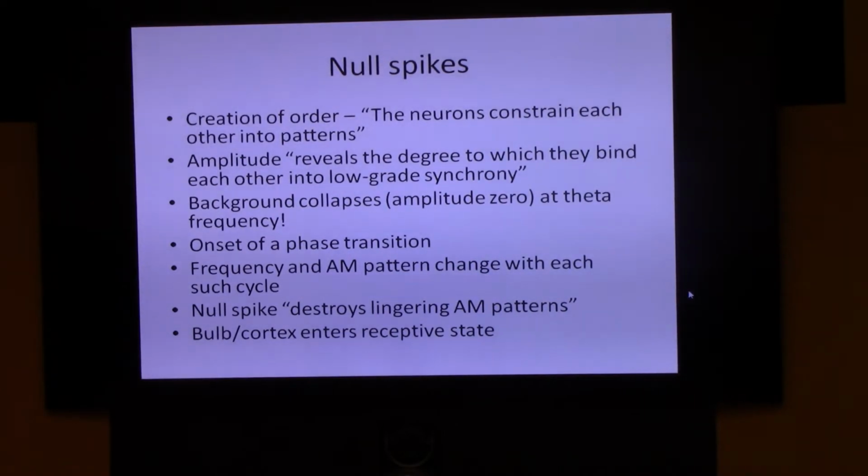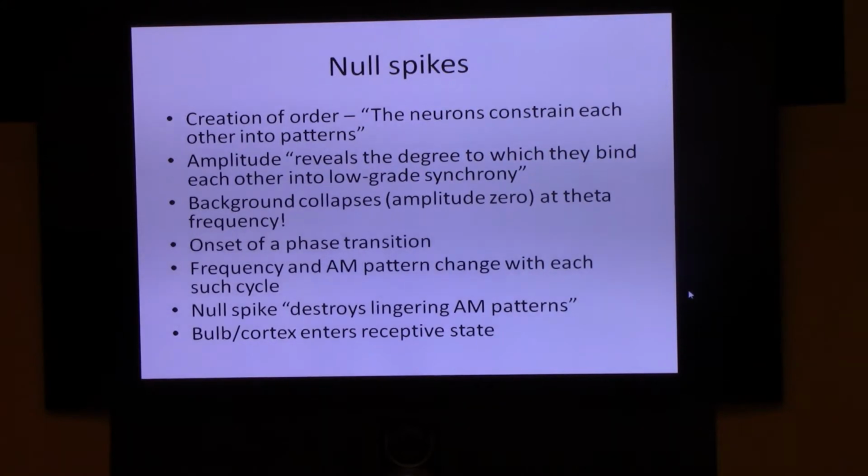So how are they sure that there cannot be a state transition without having that null spike or that steady background state? There could be a possibility that the cortex or bulb can go from one state to another without going into that steady state.